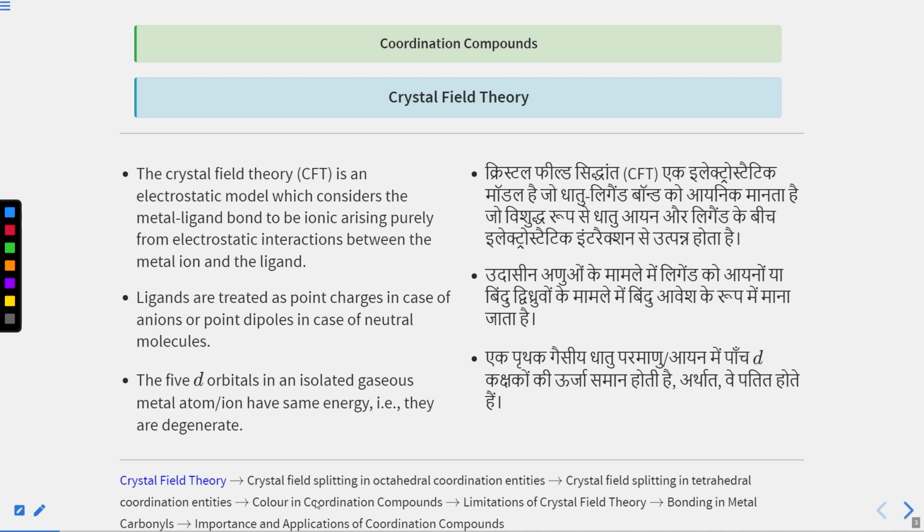Whether it is an atom or an ion, in case of an isolated gaseous atom, isolated means far from any interaction. So we will not see any difference in energy of the 5 d orbitals. Is this point clear?